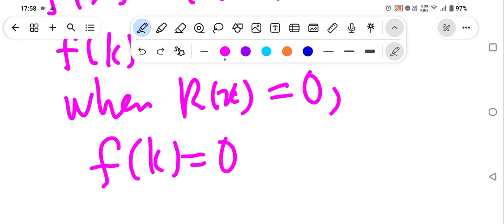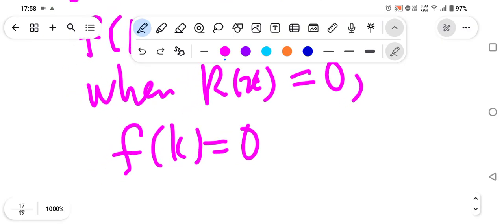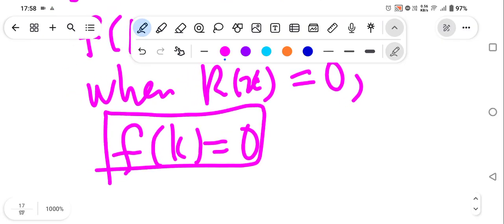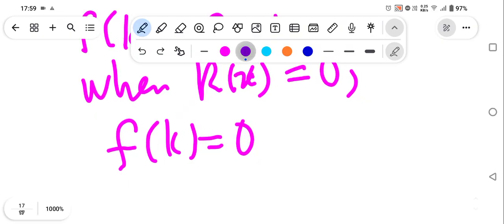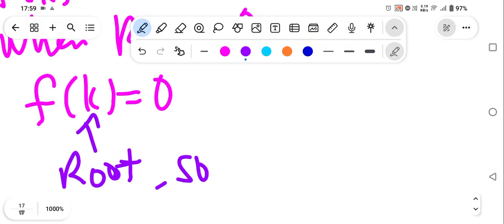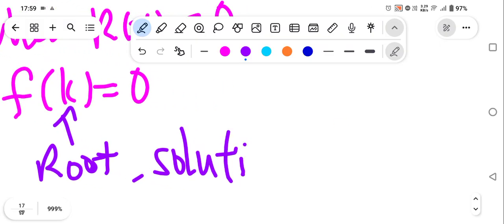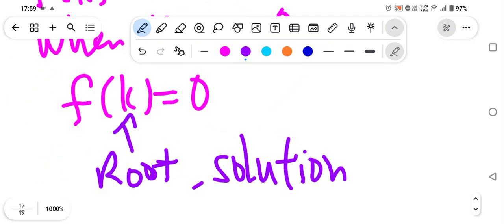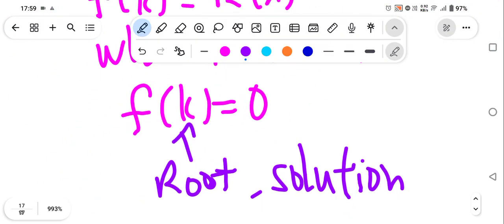So what do we call it if you substitute a value into a function and it equals 0? Yes, this is called a root. So k is a root, or we call it a solution. So k is a solution to f(x).